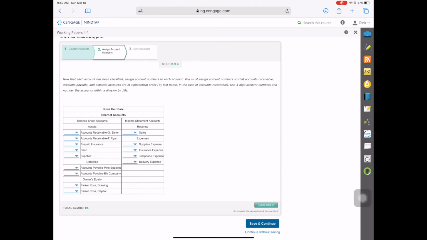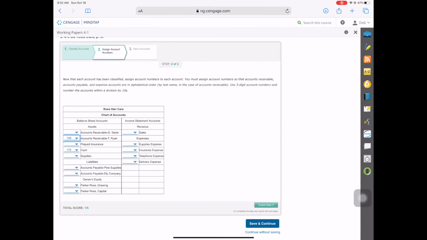Okay, so you'll go through your assets and you're going to classify them according to how liquid they are. So our first asset would be cash. Our second ones would be our accounts receivable. We have G. Seidler and T. Ryan. Ryan comes before Seidler. So our next account would be 120.